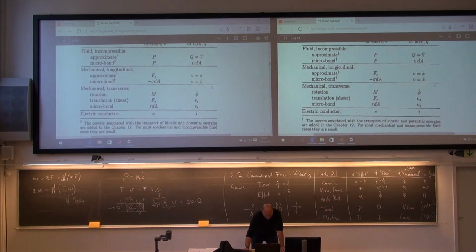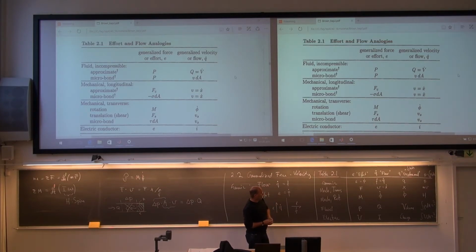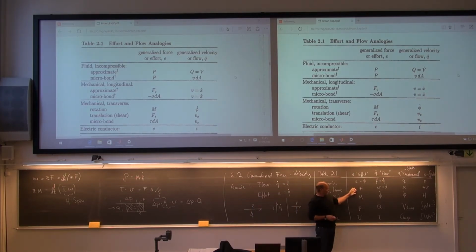It's not the entire truth necessarily, but something here has been modeled. The mechanical, they are quite okay. Also the electric. The fluid may be a little tricky here. Sometimes we want to have more than just the static pressure here.